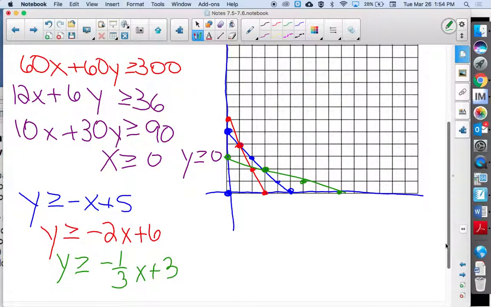And also the area above the green line is above the other lines. So here's above the green line. Here would be above the blue line. Here's above the red line. They're all kind of in that same region.